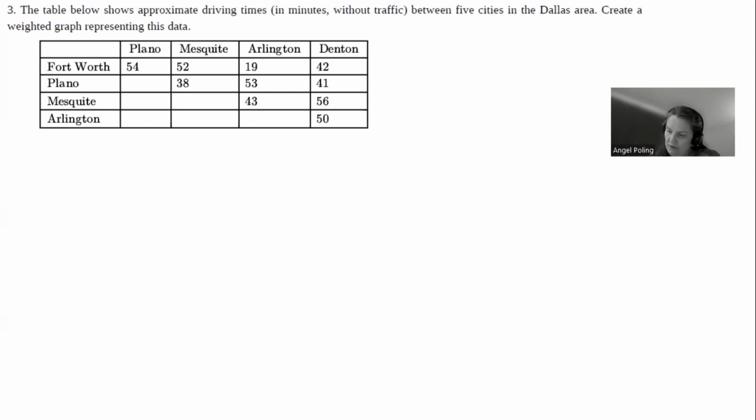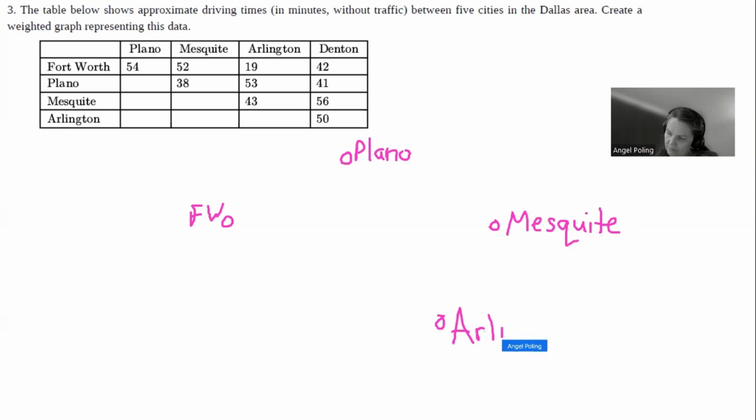So we have Fort Worth and Plano. We have Mesquite. We have Arlington. And we have Denton.